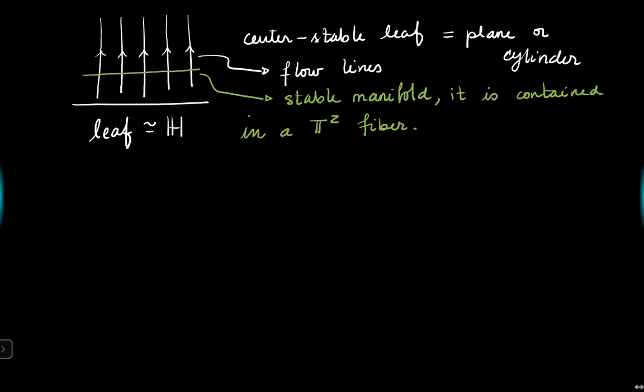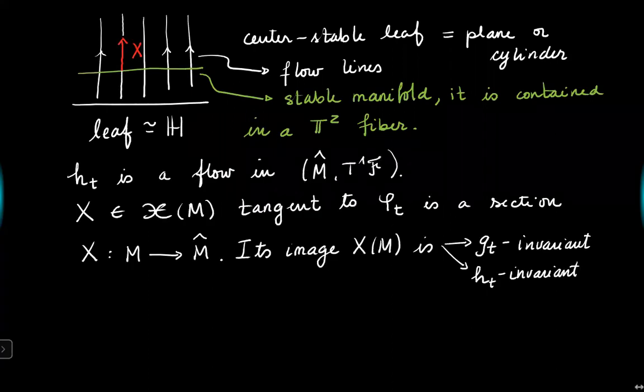So the geodesic and the horocycle flows are flows not in this space, but in a 4-manifold, which is the unit tangent bundle to this foliation. But actually, if you take the vector field which is tangent to the flow, this gives you a section of the unit tangent bundle.